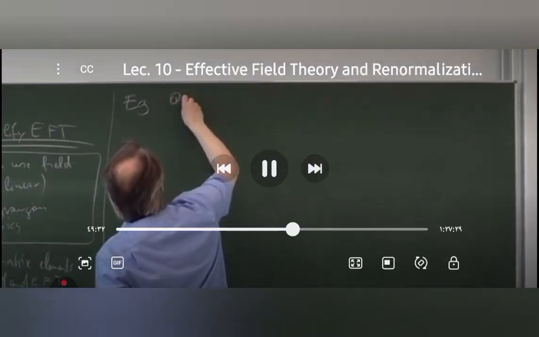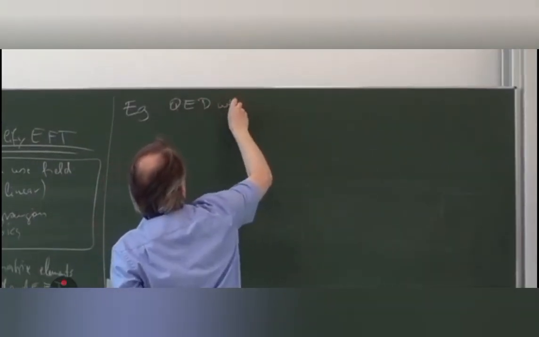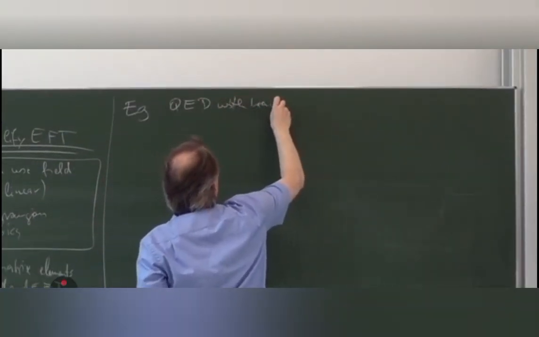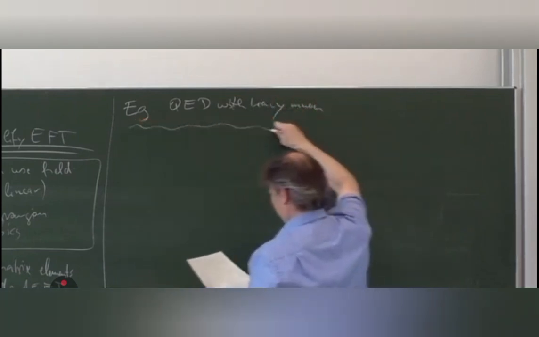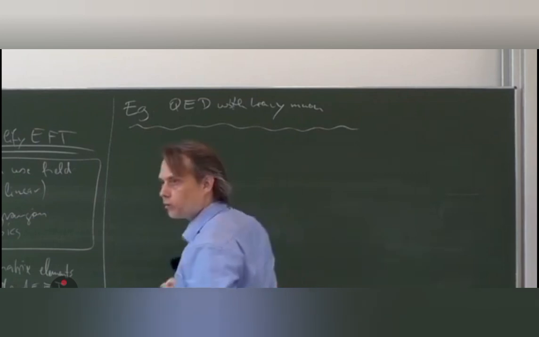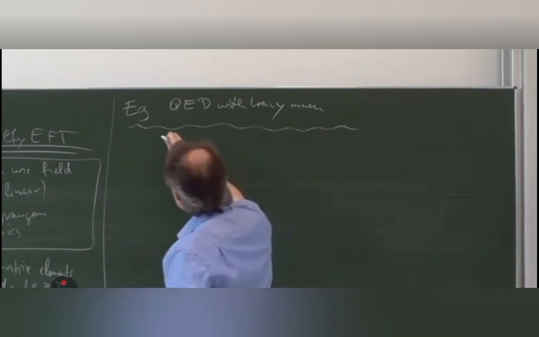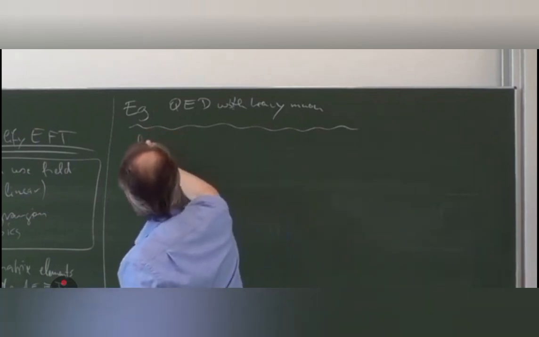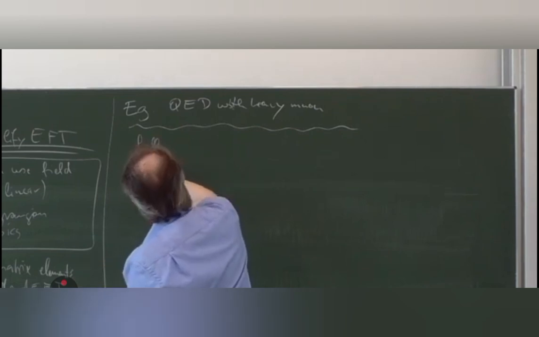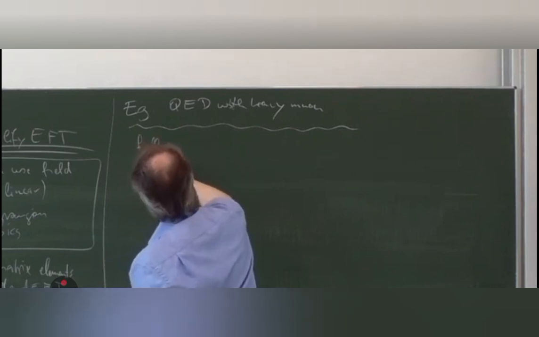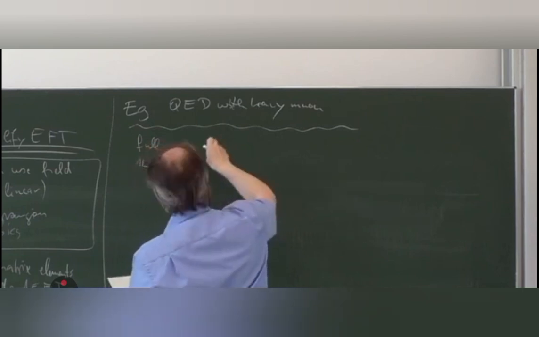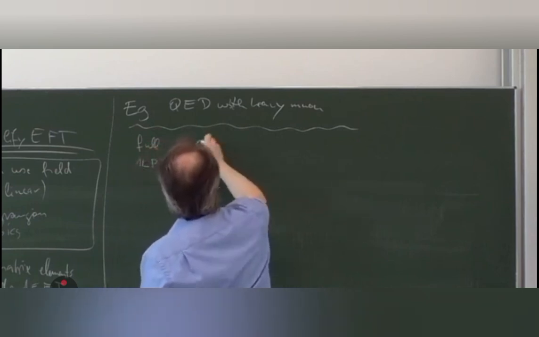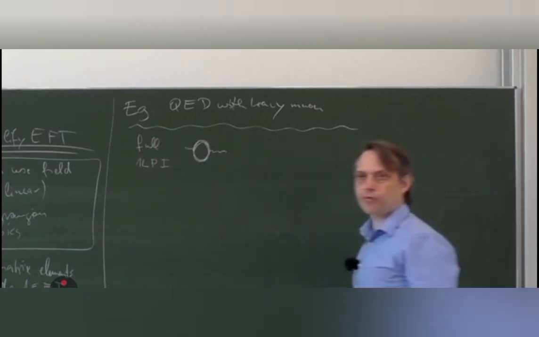For example, QED with heavy muon. So 20 minutes ago, we just discussed that in the full theory, we have a one light particle irreducible Feynman diagram with a heavy muon, which is this photon self-energy.